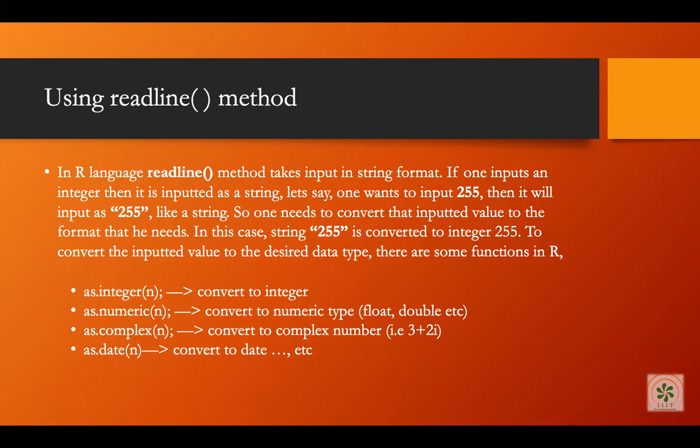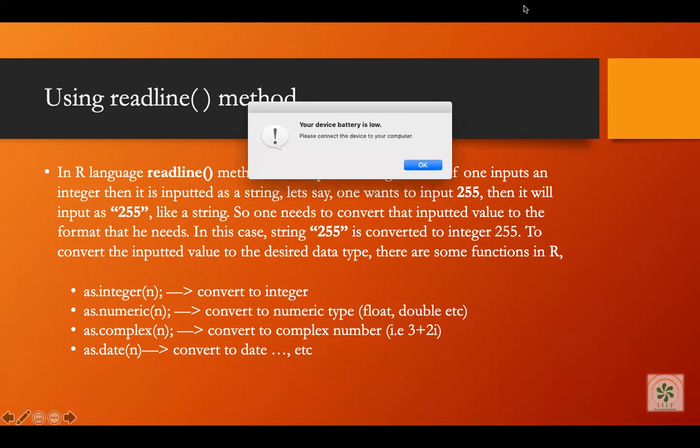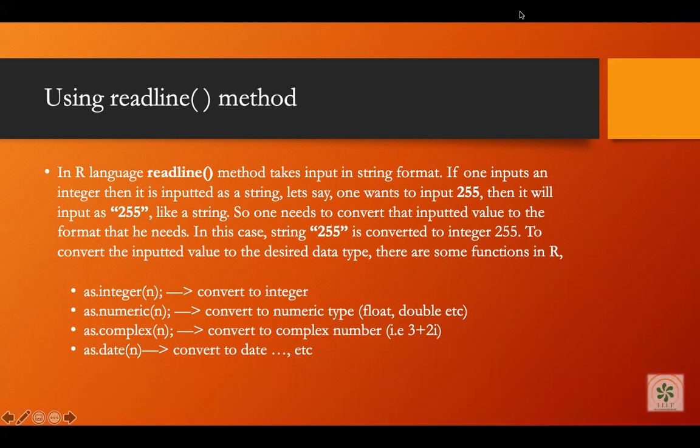Before that, in the R language, whenever we use the readline method, it will take the input as a string format. That is very interesting. That happens in Python also. Whatever input you are giving from the user, it will take it as a string, whether you are giving a numeric value, complex, logical, whatever value, it will take it as a string.